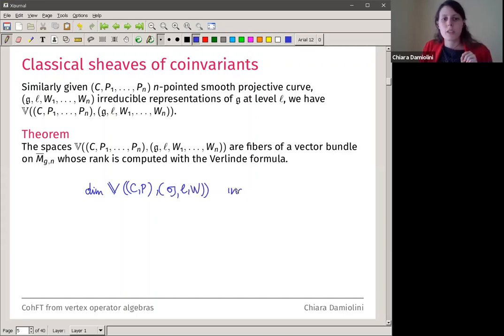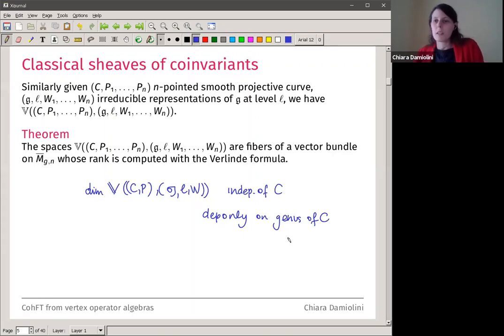So this is sort of independent really of C. It depends on the fact that I have a curve, on the genus of C, and the fact I'm choosing a point and a representation. And this is crucial together with a property which is called factorization, which I'm going to describe later. It's crucial to compute then the dimension of these spaces, and to study their properties.